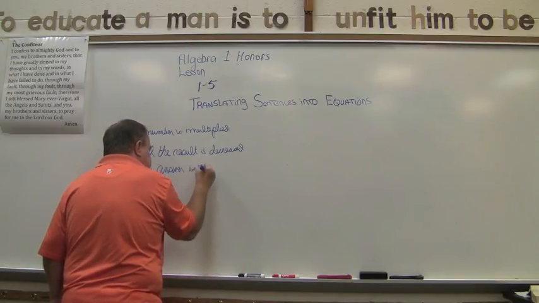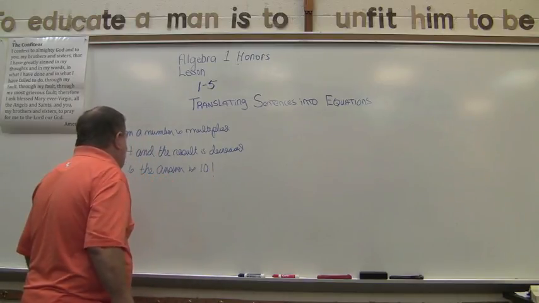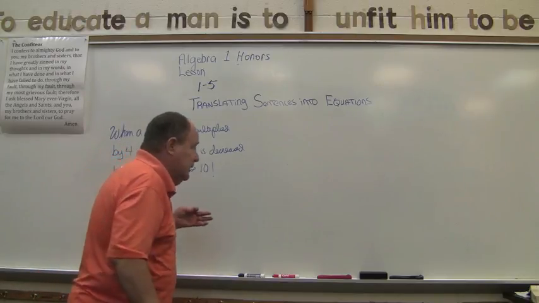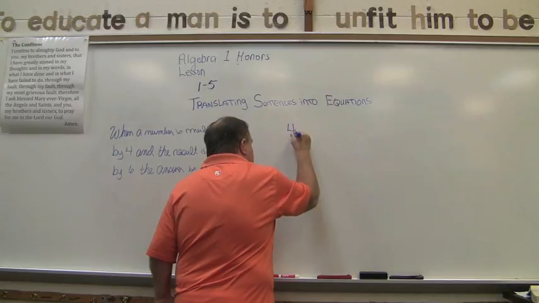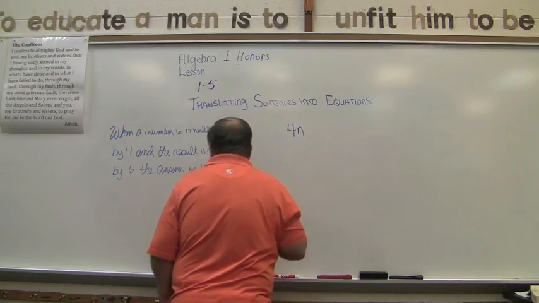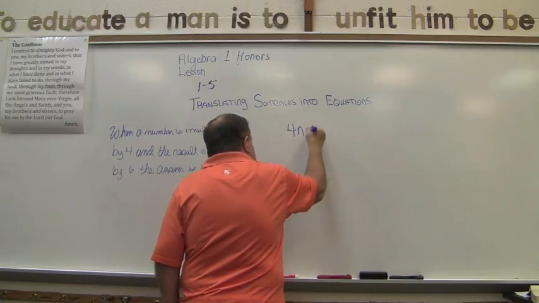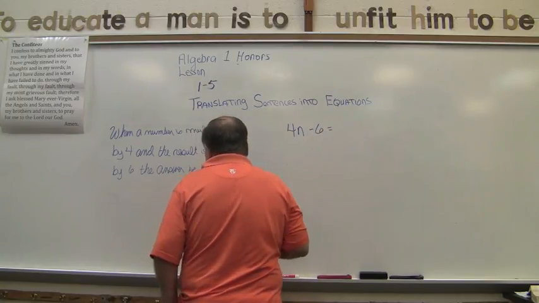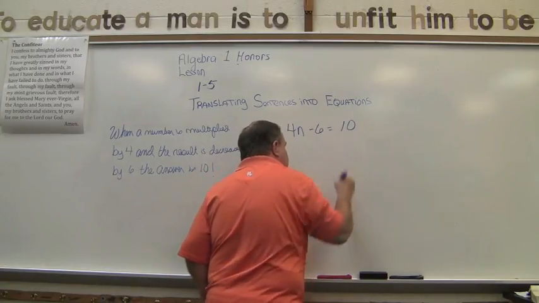Okay, when a number is multiplied by 4, we have to say, what would that represent? A number multiplied by 4 would be 4 times a number, 4 times n, or 4n. When the result is decreased by 6, minus 6, and it says the answer is 10.